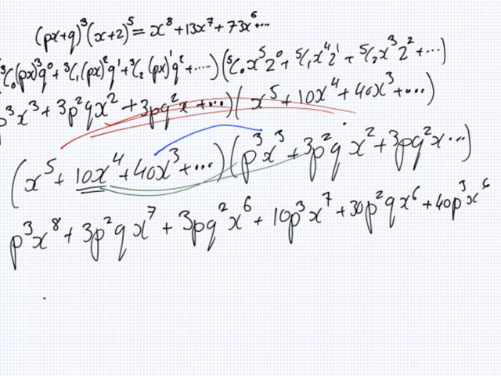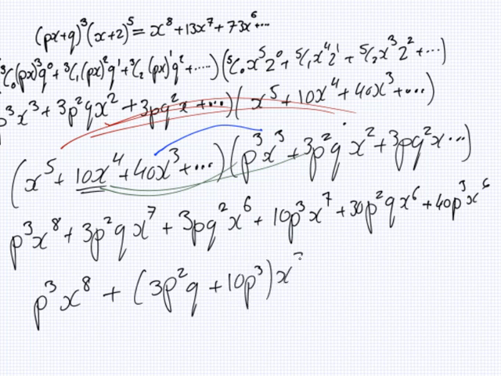Okay, let's clean this up. p^3 x^8 plus 3p^2 q plus, have I got another 7? Yeah, 10p^3 x^7. And then x^6, I have 3 of them, is it? Yeah.